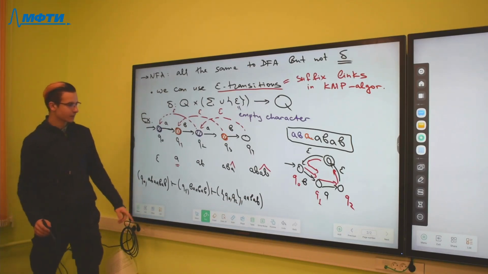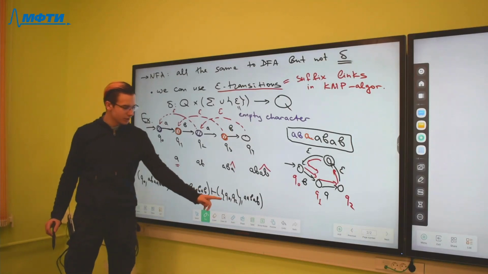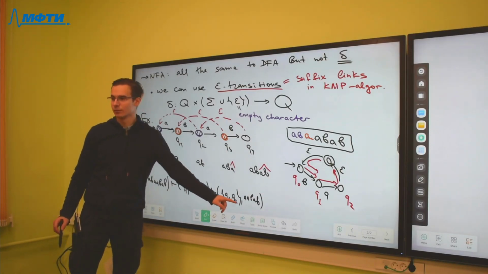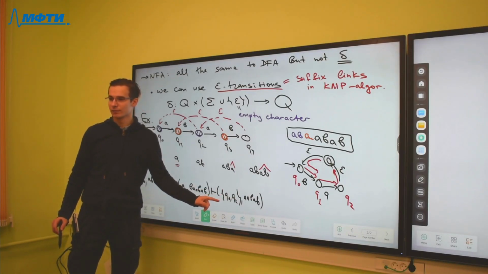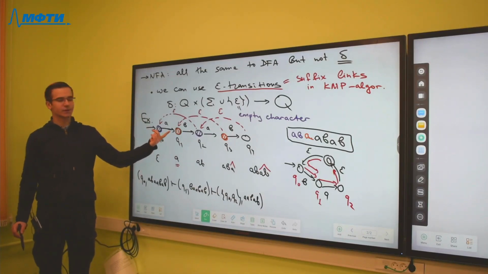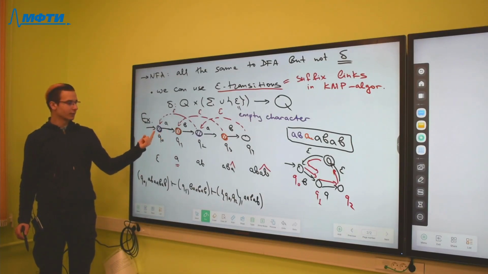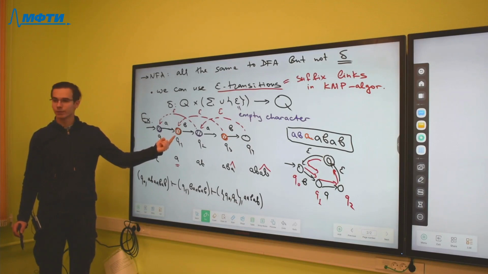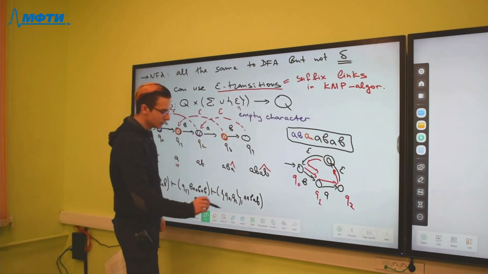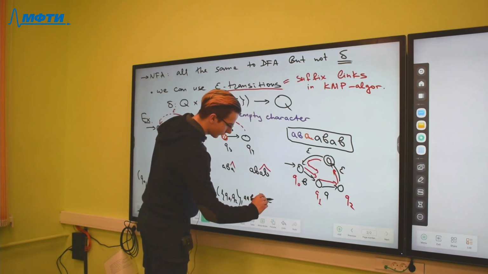Then I read A, and I change all of these states with the character A. For example, Q0 changes to Q1, and Q2 changes to Q3.